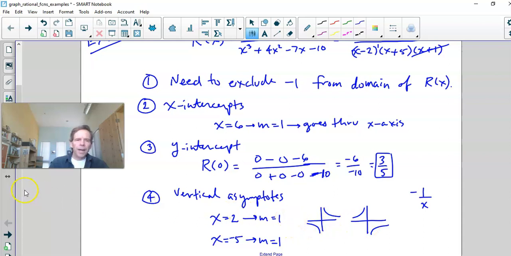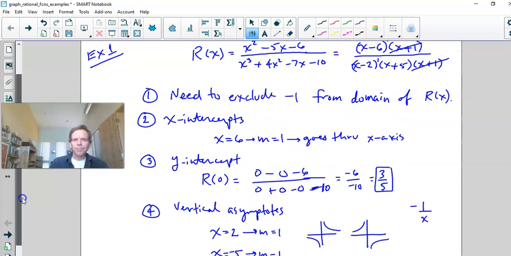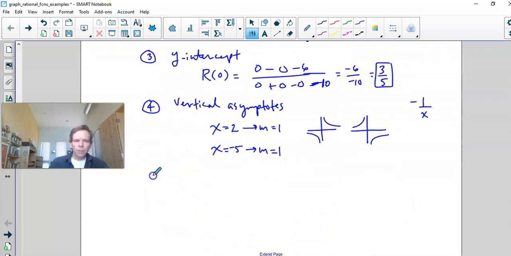Okay, now how about the horizontal asymptote? Let's write that down. Horizontal asymptote. Should be able to spell asymptote. If I could write it clearly, you might be able to see how it's spelled.